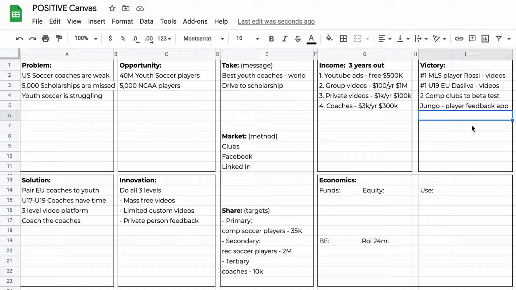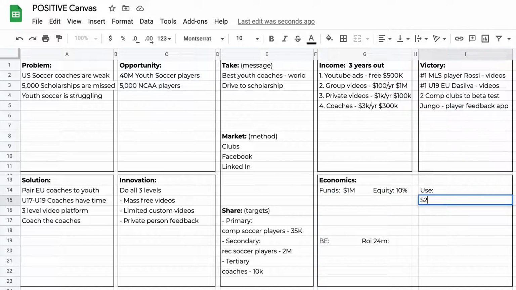Okay, so then the last one is economics. So this is, you can provide some detail, or you can say, in order to get this business started, we really only need $1 million, and for that $1 million, we're going to give up 10% in our company. Okay? Well, $1 million, really? What are you going to use that for?